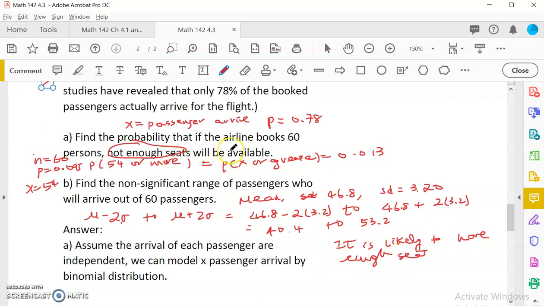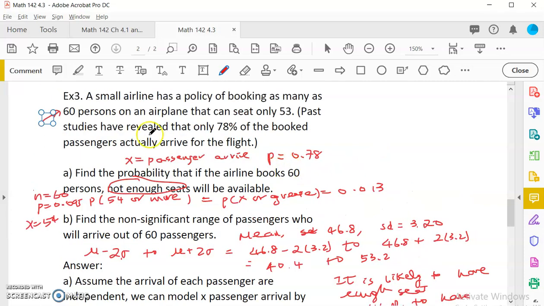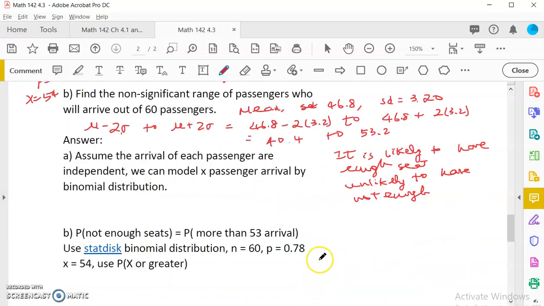You can see that 54 or more is 0.013, which is less than 5%. So you can see how it is very useful. You can book 60 and just earn more money.